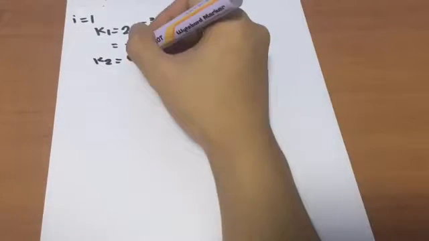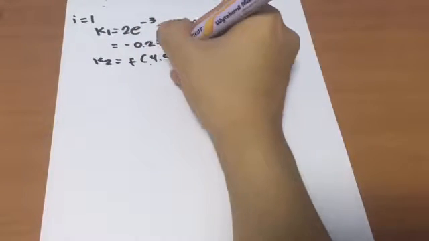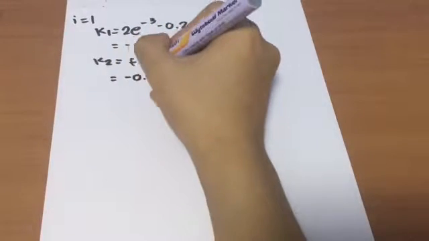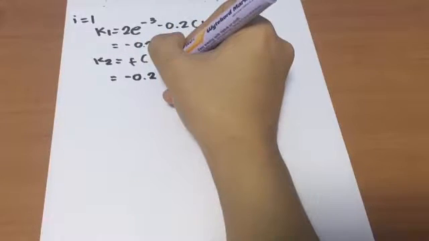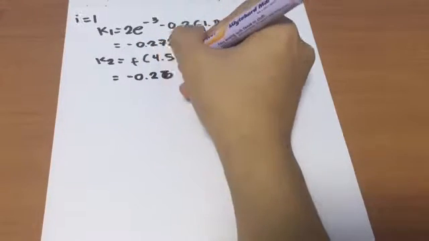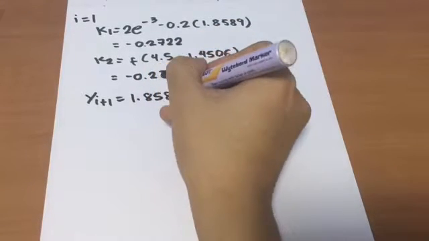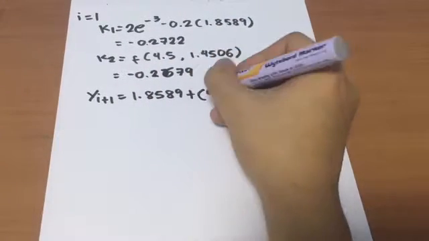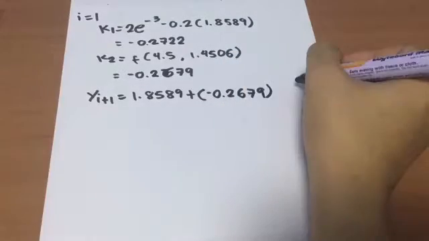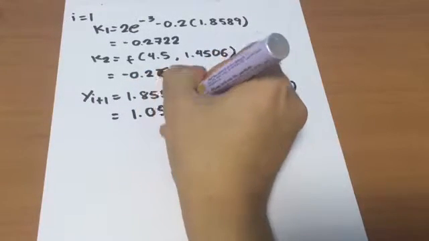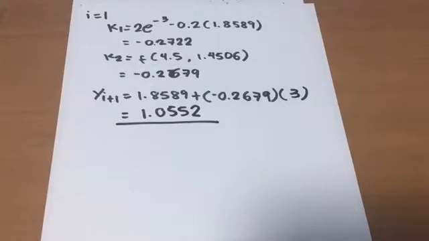And to solve for our k2, we just substitute our x and y and our k1, so that we would have negative 0.2679. Sorry for that. So we go directly to our yi plus 1, then 1.8589 plus the negative of 0.2679 times our step size 3, and that will be 1.0552. So that is closest to our true value, which is 1.2.